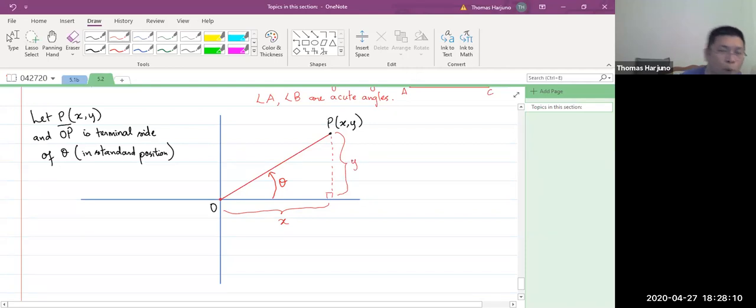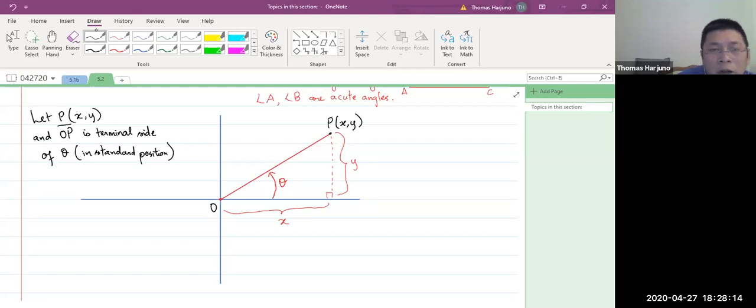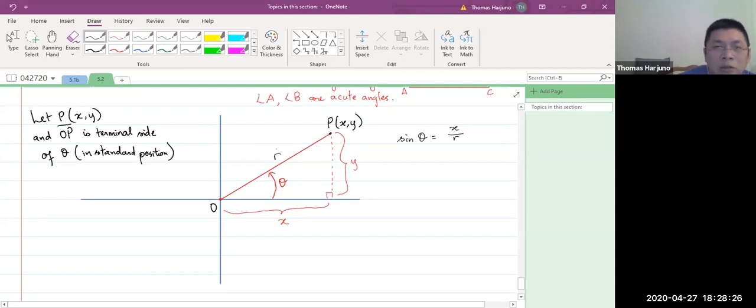Borrowing the idea from a right triangle approach, we will define the following. Sine theta equals x over r, where r is the hypotenuse, the direct distance from O to P.